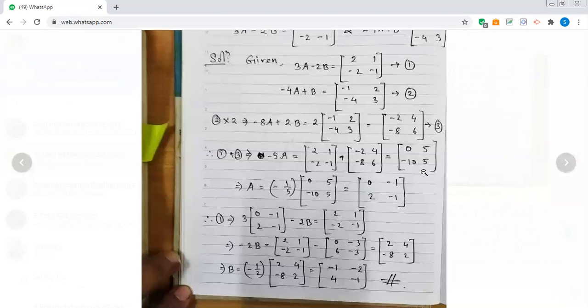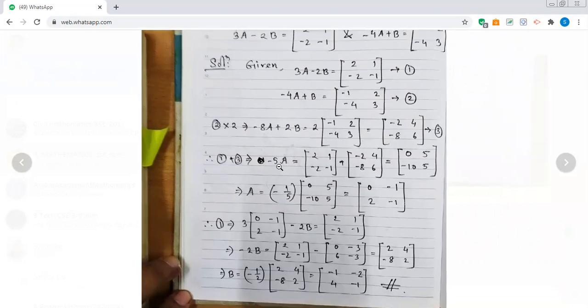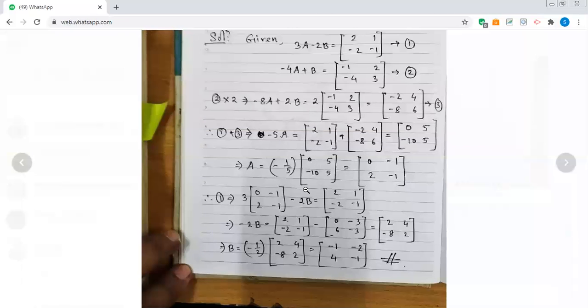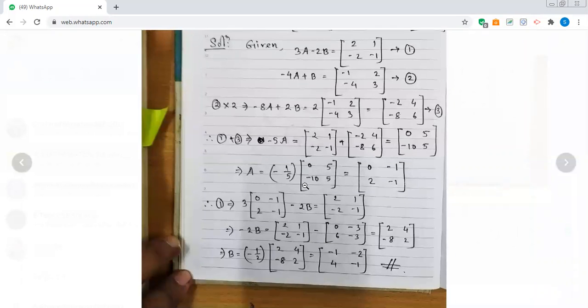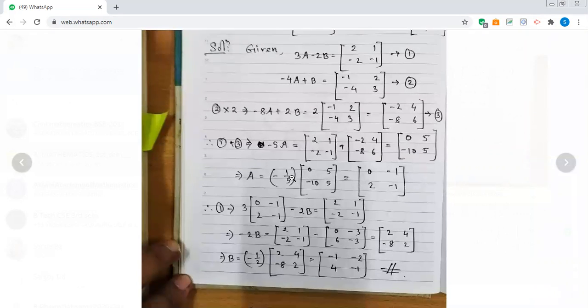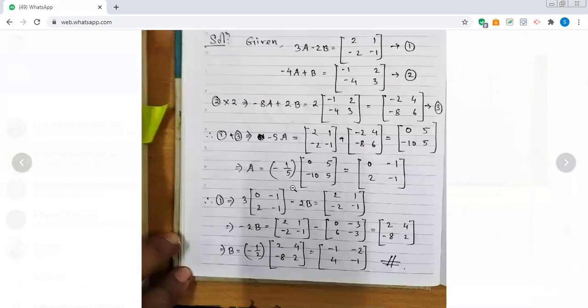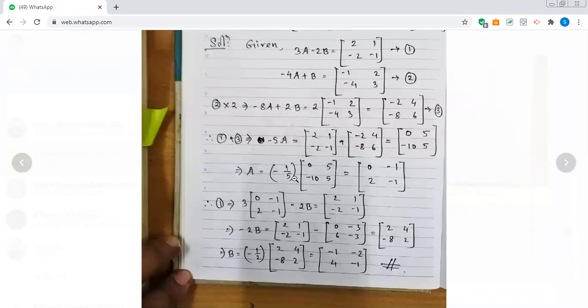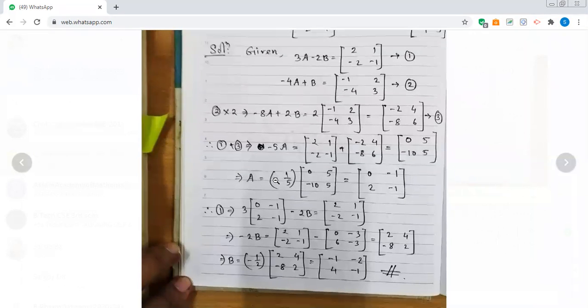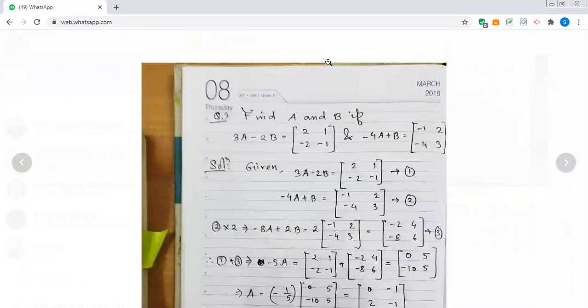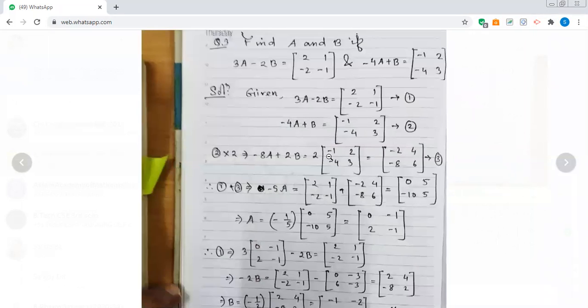Now after this step, we require the value of A. So for that, this minus 5 goes downwards, but in matrix multiplication, there is no procedure for division. So the minus 5 which comes below the matrix, we write as minus 1 by 5. That is the same thing. If you write minus 1 by 5, then this minus 1 by 5 is behaving like a scalar because division does not occur in matrices.